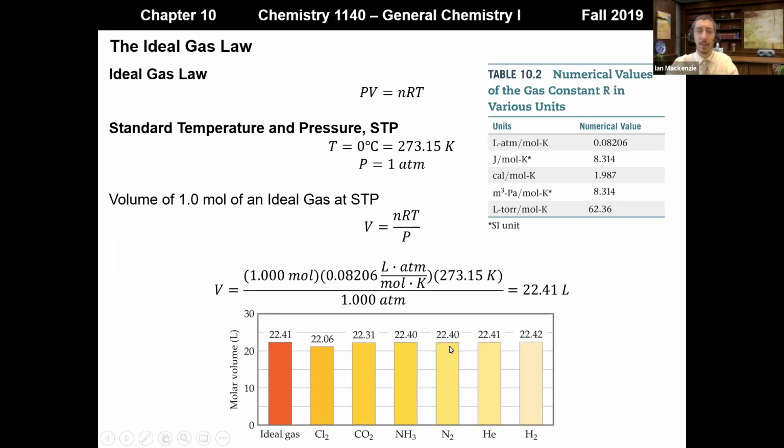Carbon dioxide, nitrogen, helium, hydrogen, all of these are very, very close. Helium is actually a perfectly ideal gas. And then we can also see other gases that deviate from that some. So chlorine gas, for example, is slightly less of an ideal gas. And we could do this for other gases as well, and have a measure for how ideal a gas actually is.